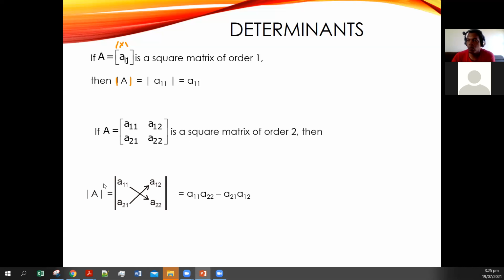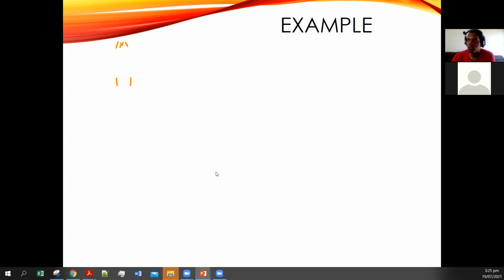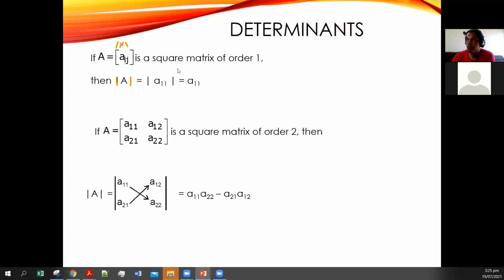And then if we want to get the determinant of the matrix, we follow a simple rule. It is basically like a cross multiplication, and then we do a subtraction over there as well. So we will be putting in some examples over here.